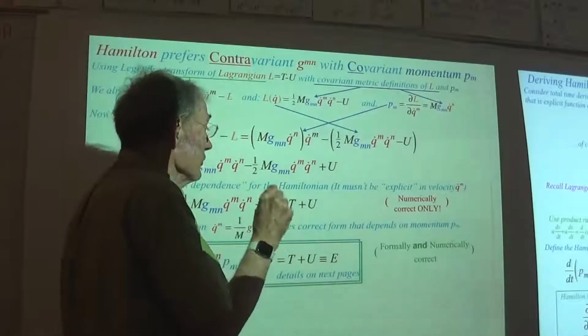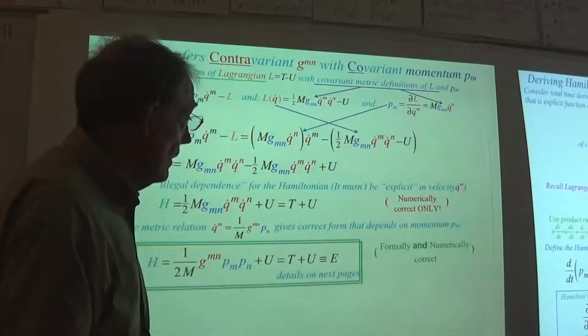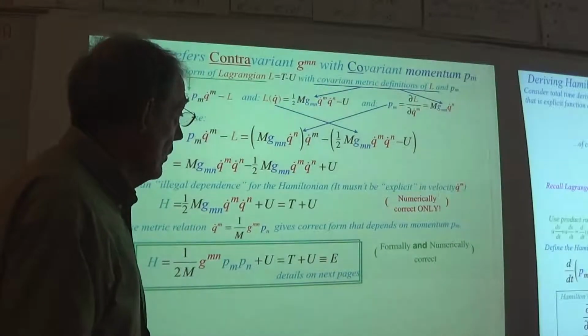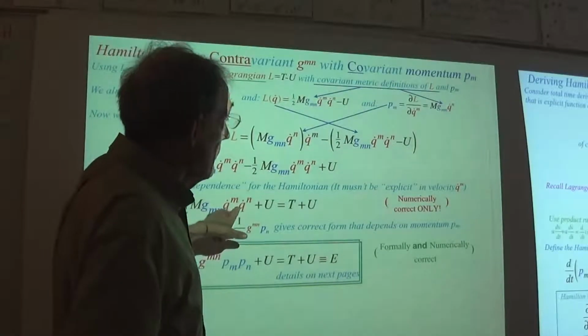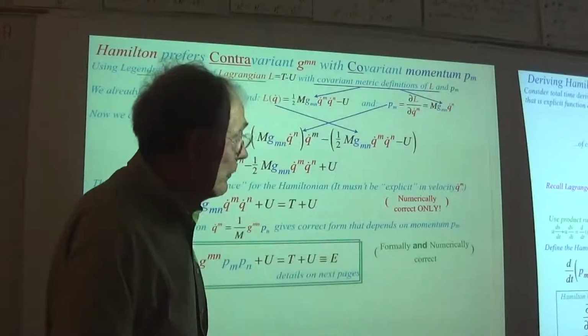And we're imagining there's just a single mass in our polar coordinate analysis, and I'm doing that right here. So this expression is numerically correct, but formally not. This one, both correct.